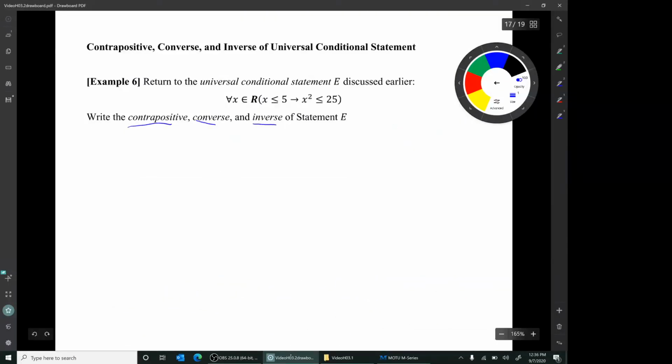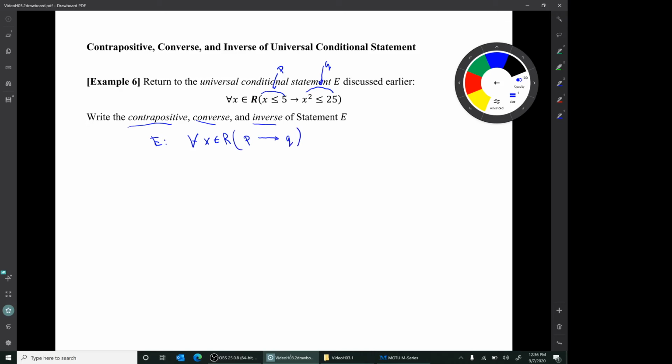So the contrapositive is going to mean, well, if we call this our P, and we call this our Q, this is of the form for all x in the real numbers, P arrow Q, if P then Q.